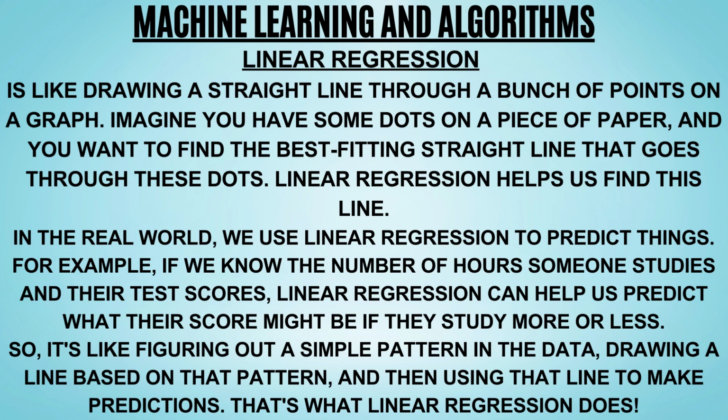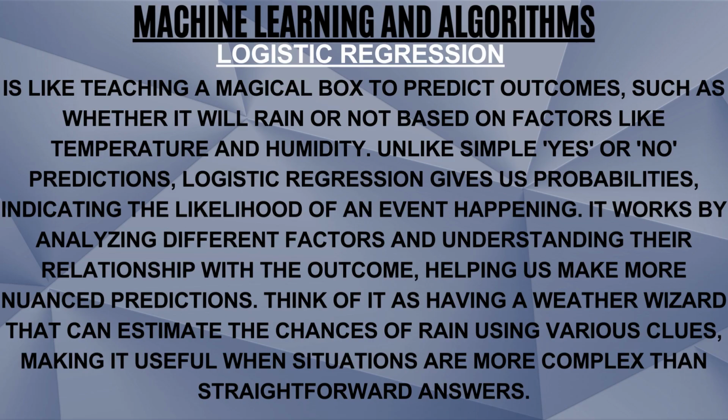For example, if we know the number of hours someone studies and their test scores, linear regression can help us predict what their score might be if they study more or less. So, it's like figuring out a simple pattern in the data, drawing a line based on the pattern, and then using that line to make predictions. That's what linear regression does.